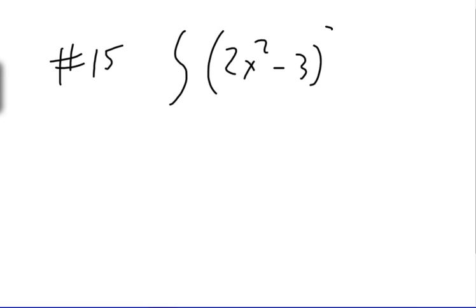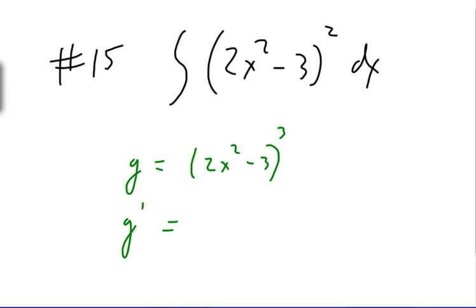See, is there another good way to do that one? I don't know. Let's say number 15. Integral of 2x squared minus 3 squared dx. Okay, so I'm going to guess that it's going to be in the form 2x squared minus 3 cubed.